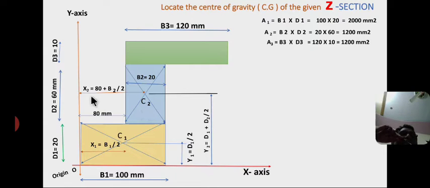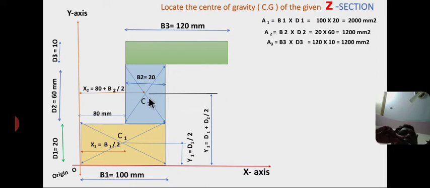Here x2 equal to gap 80 mm plus half of the base, so gap 80 mm plus b2 by 2. So from here to here, x2 equal to 80 plus b2 by 2.